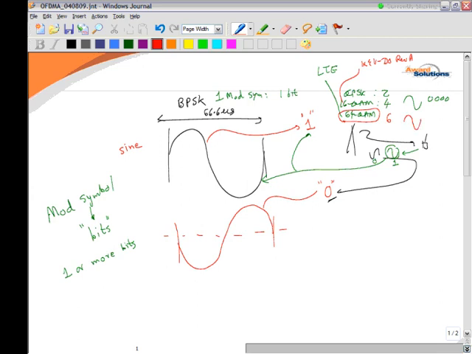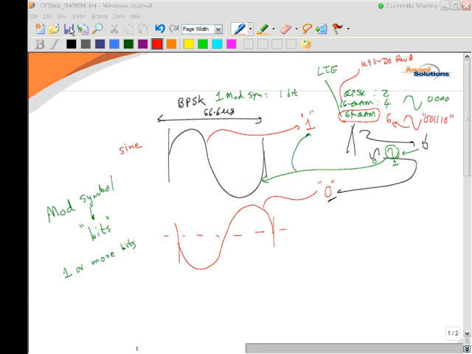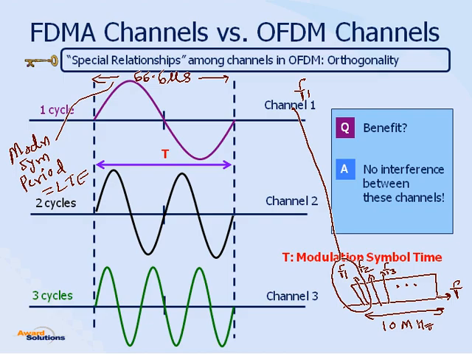So one sine wave will now represent 6 bits, maybe 0, 0, 1, 1, 1, 0, something like that. Okay, so now we know about this modulation symbol. Basically, it represents a set of bits in the form of some sort of sine cosine wave. So we pick some time period for our modulation symbol period, and during that modulation symbol period, this modulation symbol is representing one or more bits. That is the idea.